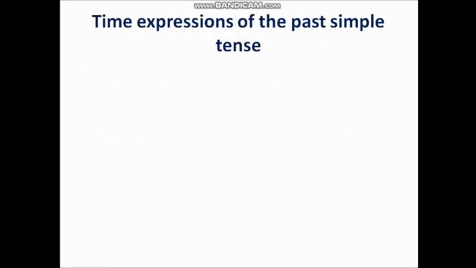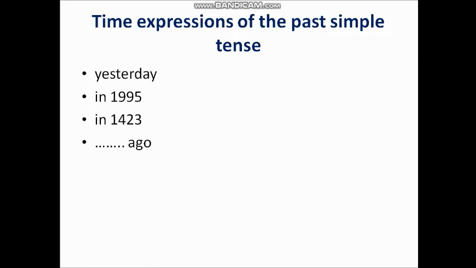There are some time expressions of the past simple tense. For example, yesterday, a year in the past, for example, 1995 or 1423. And a period of time with ago: 2 days ago, a week ago, 10 years ago.